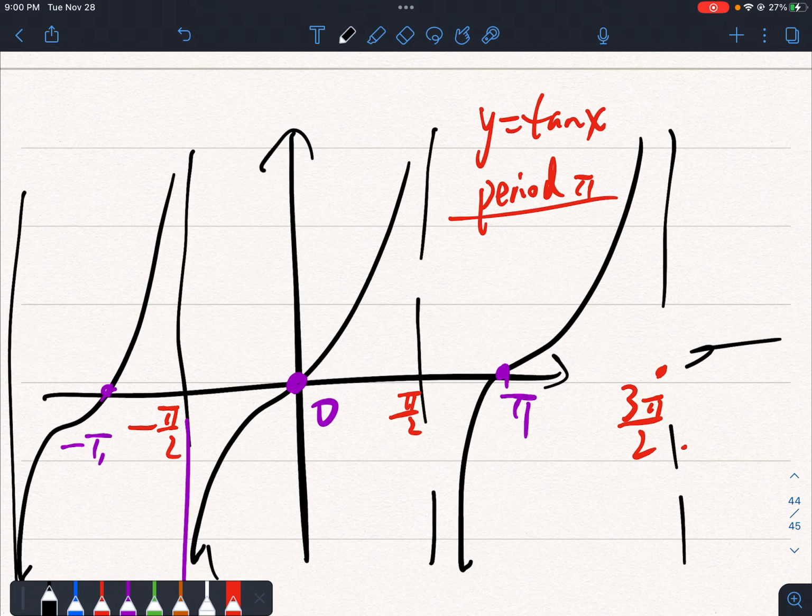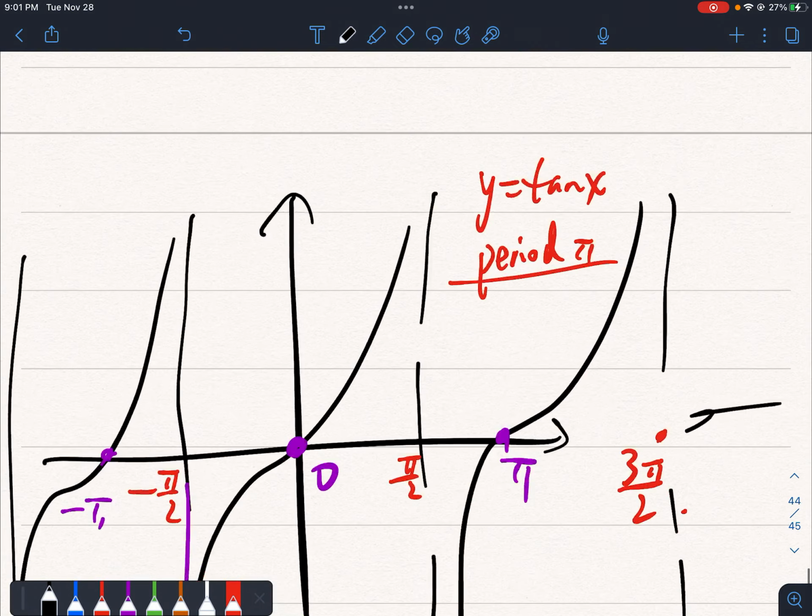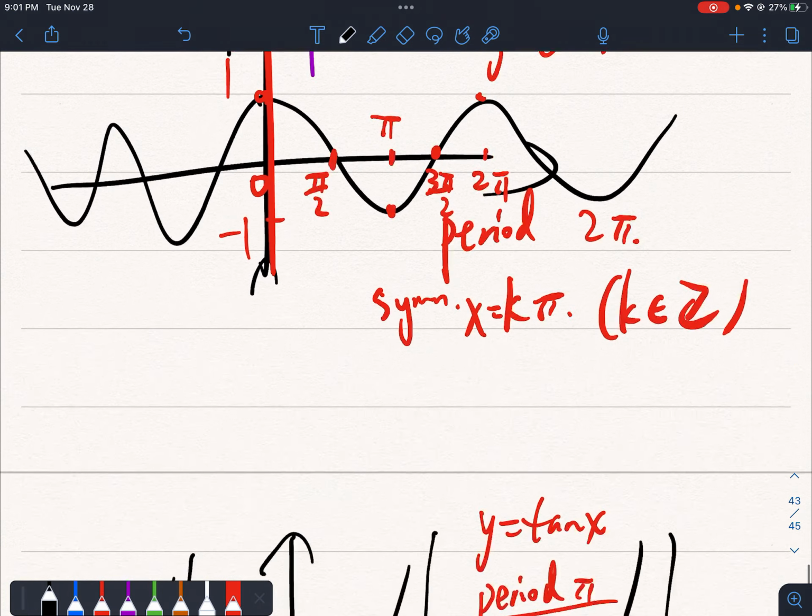And then later we will talk about the inverse trigonometric functions, which means we focus on some subinterval of the domain, and then we define the inverse of the function on that subinterval that we particularly choose. Okay, so we'll talk about this later.